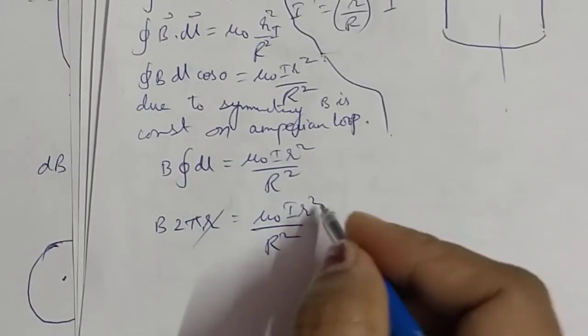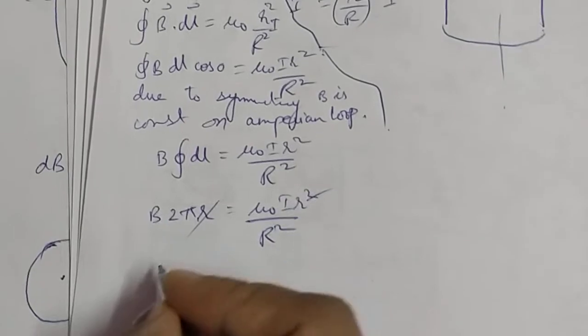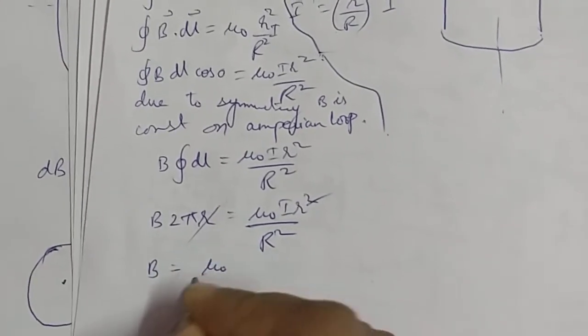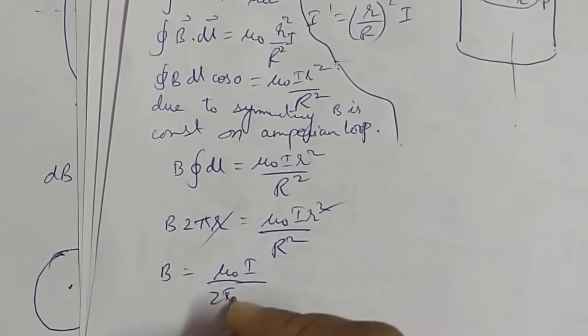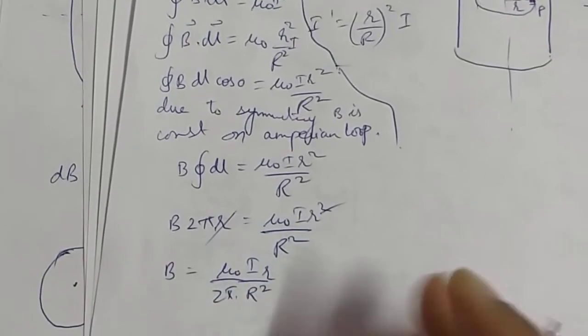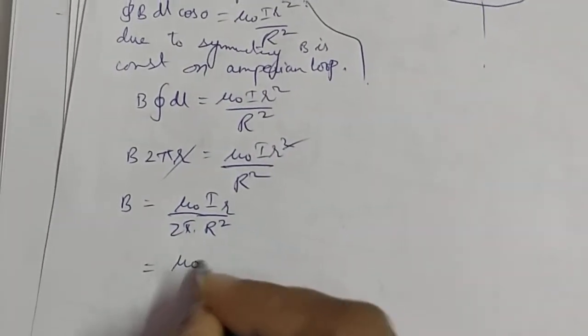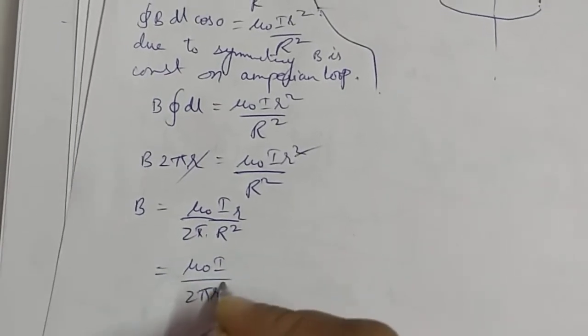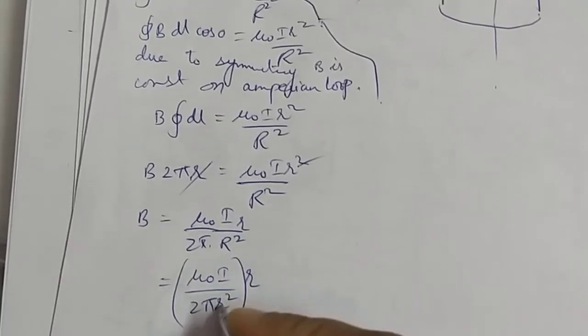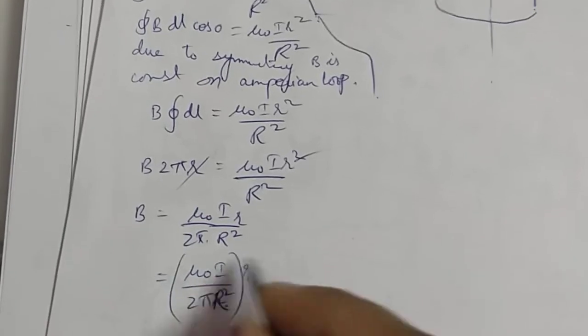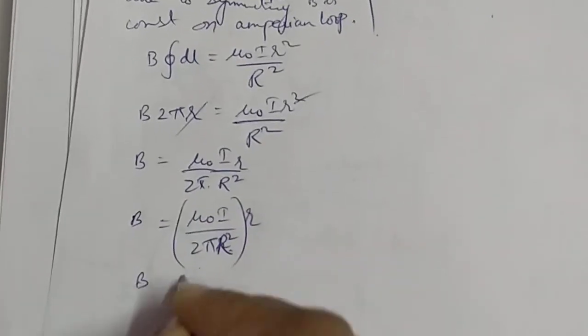So this r and this r, one r gets cancelled. What we get is B equal to mu naught I by 2 pi, small r by capital R square. Okay, so this is like mu naught I by 2 pi R square into r, where this capital R is a constant.